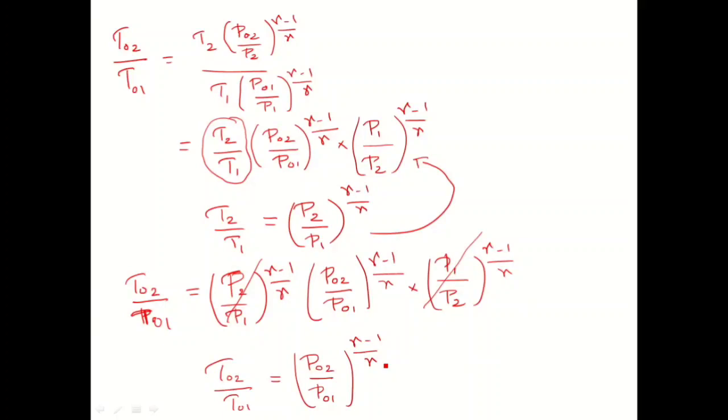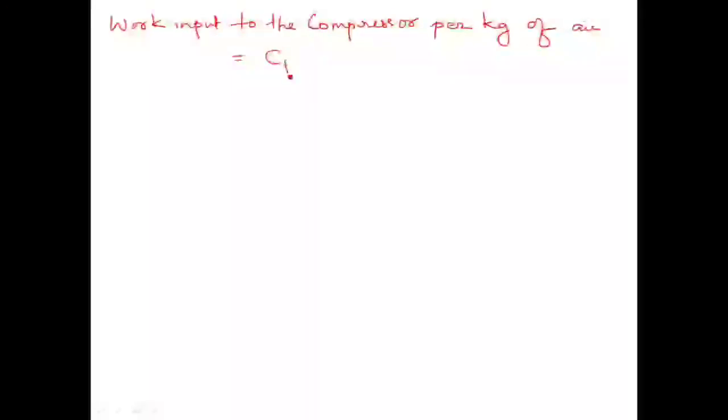So work input to the compressor per kilogram of air, we have already derived, is equal to Cp into T02 minus T01.